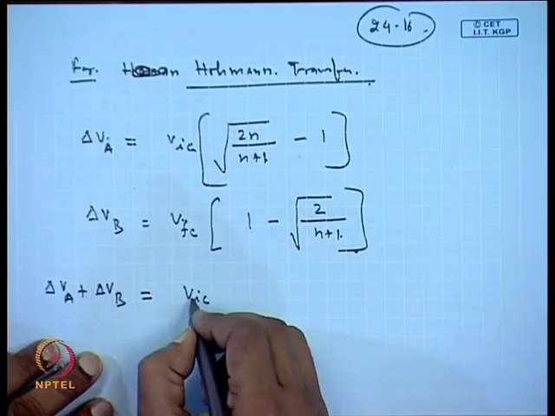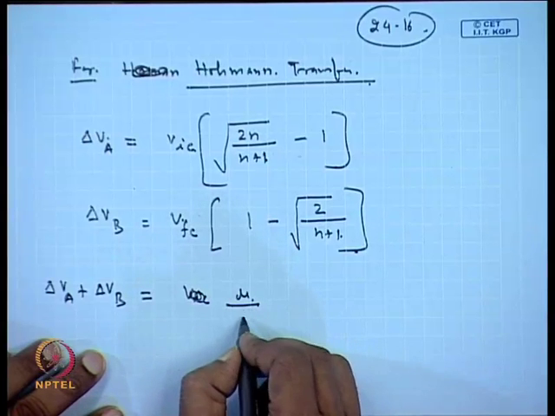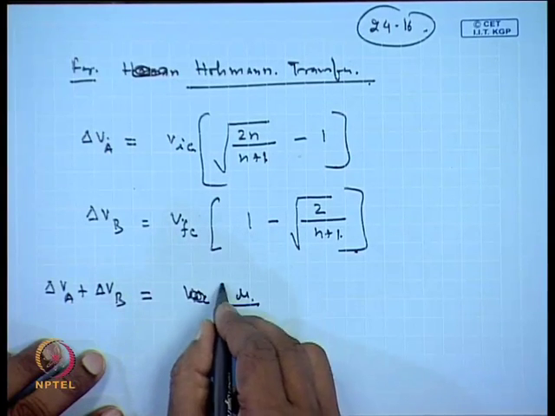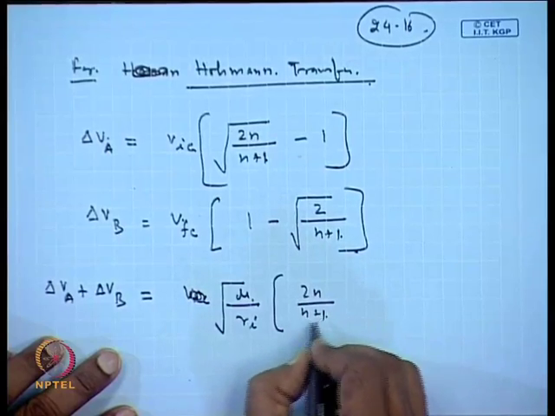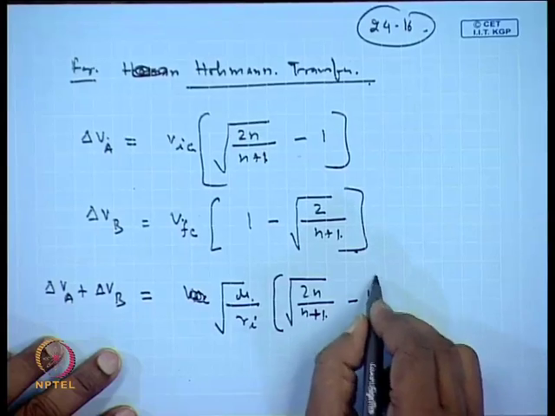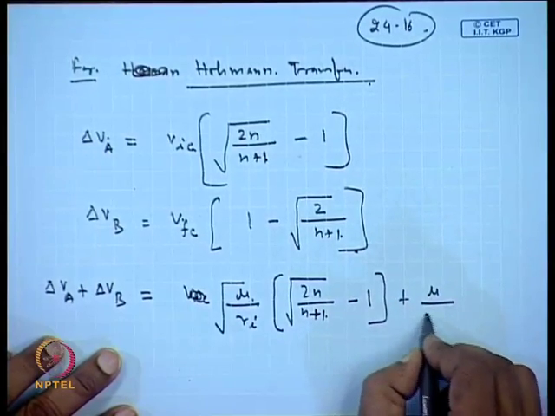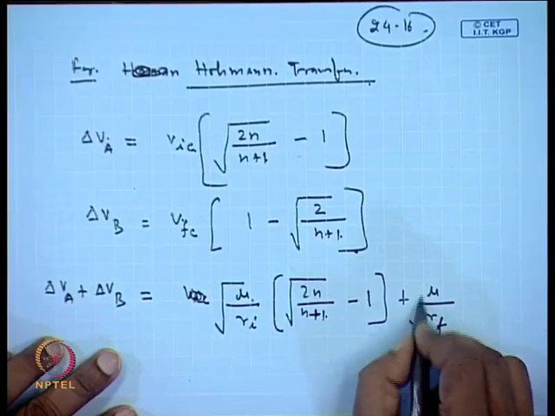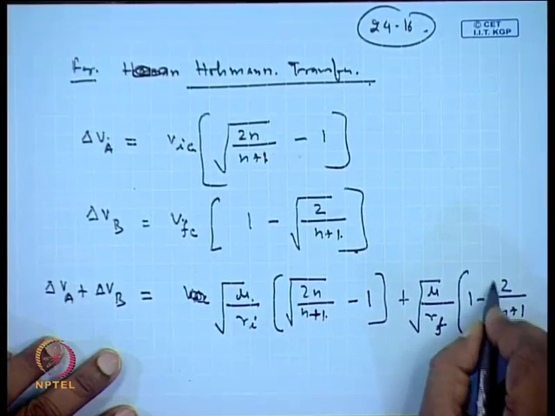So, V_ic we can write as square root of mu by r_i, and similarly V_fc we can write as square root of mu by r_f times square root of 1 minus 2 by n plus 1.